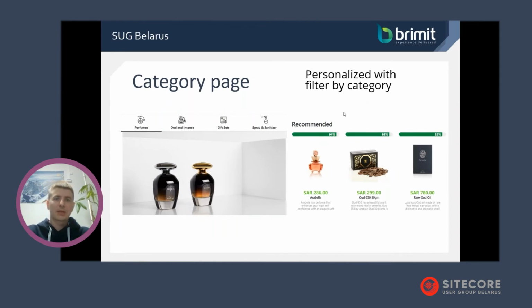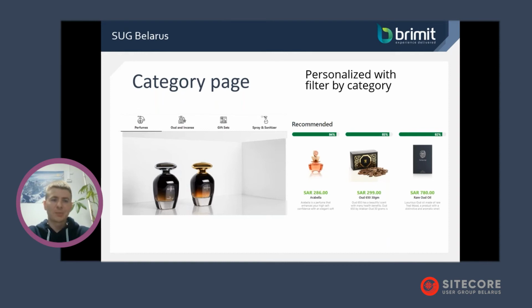The next type is the category page. Category pages are one of the most important drivers of discovery in an online store. This page stores all of the relevant products and exposes them on a dedicated page, giving shoppers the opportunity to narrow down to a particular subcategory to find exactly what they're looking for. So you can show personalized recommendations where products are filtered by the current category.